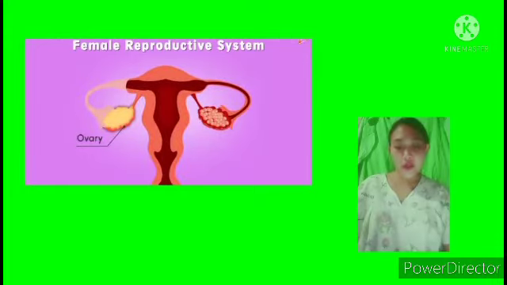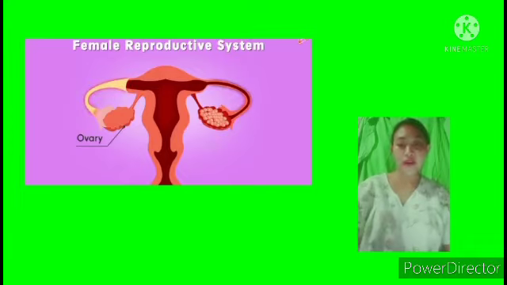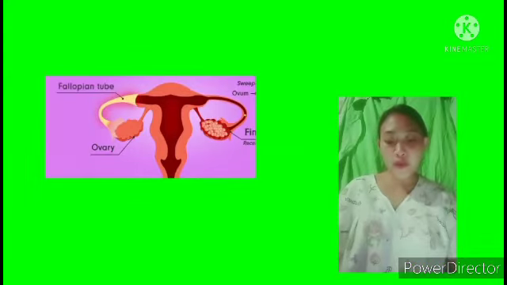Ovary. It is a pair of small, oval organs which produce ova, the ovum, the female germ cell. Fallopian tubes are a pair of thin tubes that lead from the ovaries to the uterus.